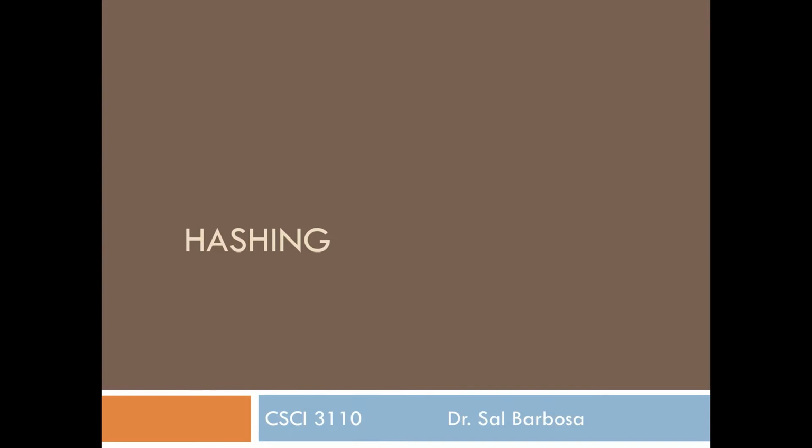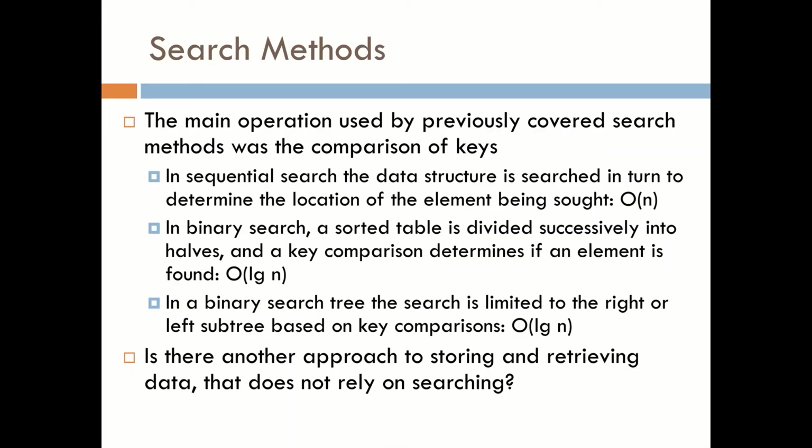Okay, today we will begin addressing the topic of hashing. Now, the things that we've looked at so far, manners in which we store data, are generally search-based. So it means that we have to go through the data by actually comparing various keys and deciding where to insert data.